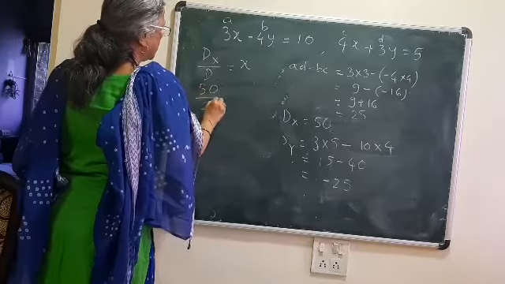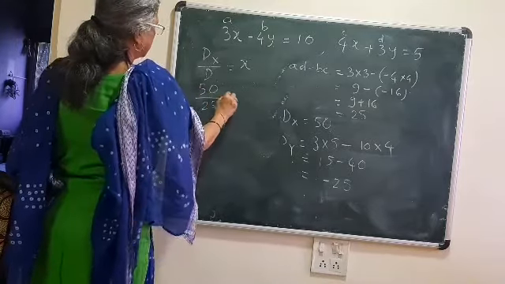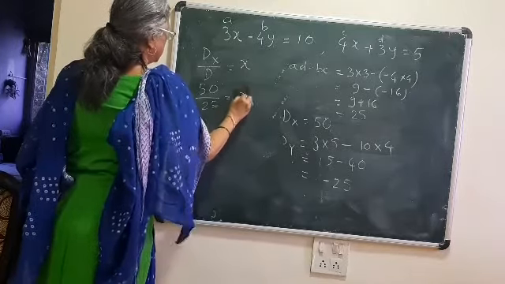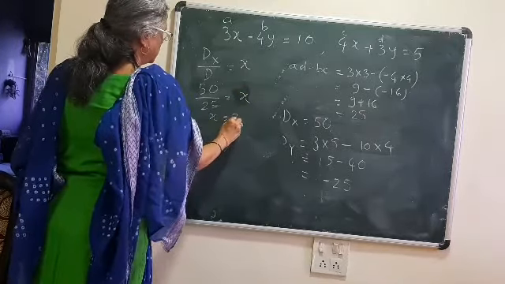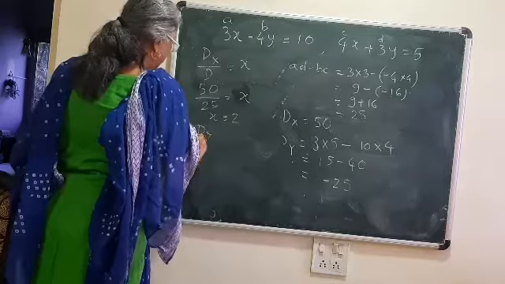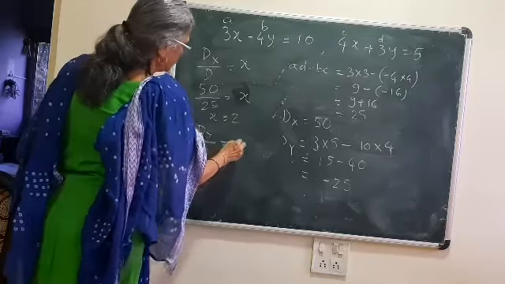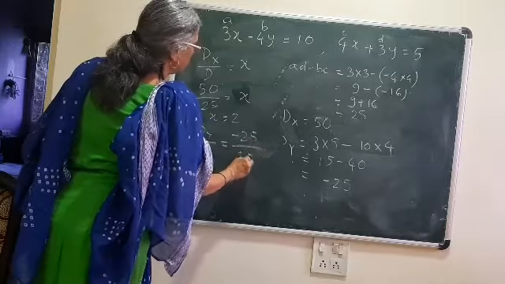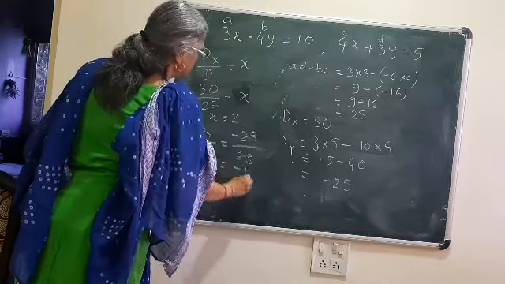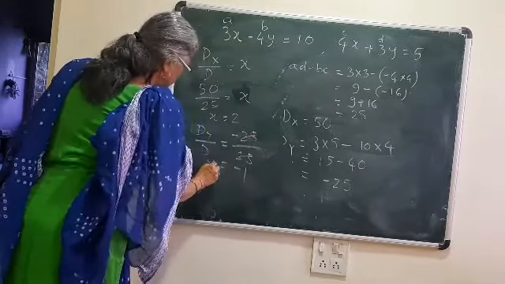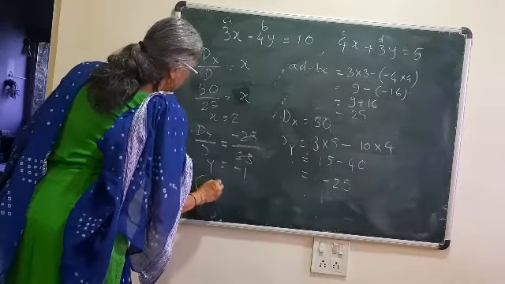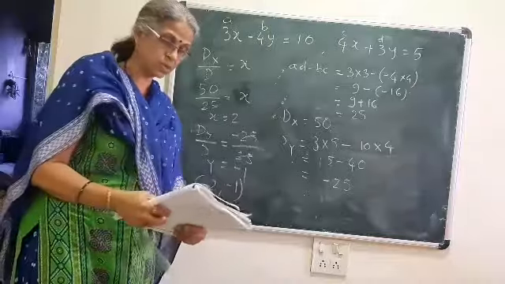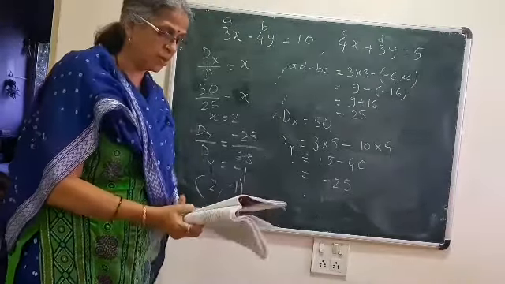D is 25. So that will be 2. So x is equal to 2. And Dy upon D is equal to minus 25 upon 25. So the answer is minus 1. So the answer for this solution set will be 2 and minus 1. So that is how you are going to solve the first example using Cramer's rule.